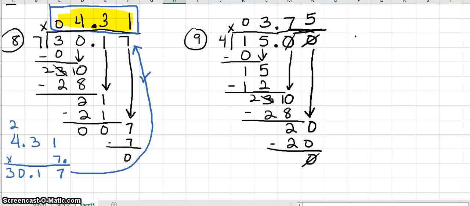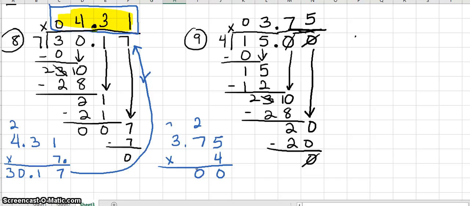I'm going to check my answer. I'm going to take my quotient and multiply it by 4, and I should get the dividend. You'll see it modeled right there to help you remember that's what you're to do. 4 times 5 is 20. Carry my 2. 4 times 7 is 28, plus 2 is 30.